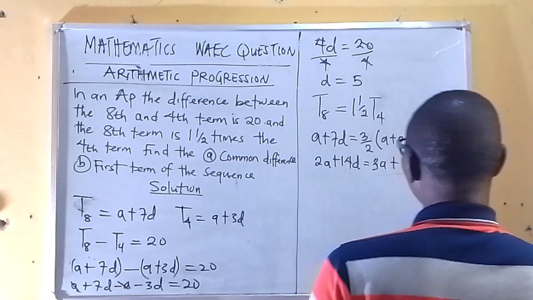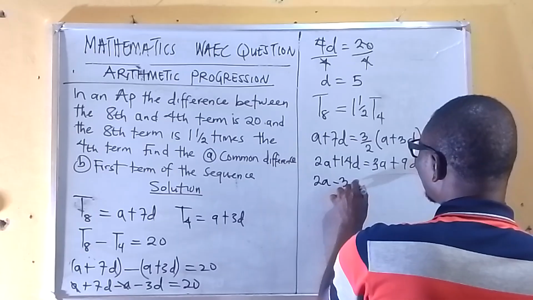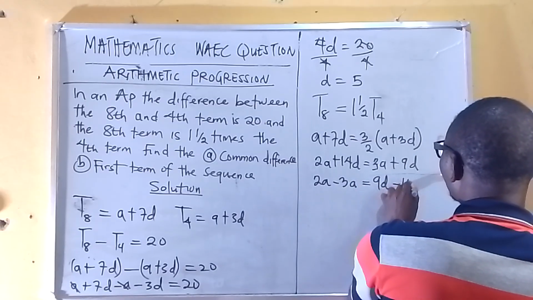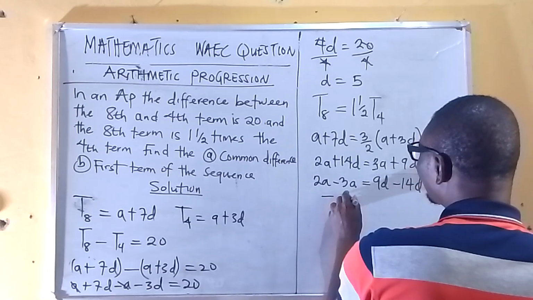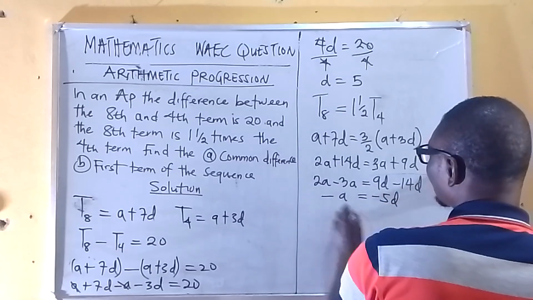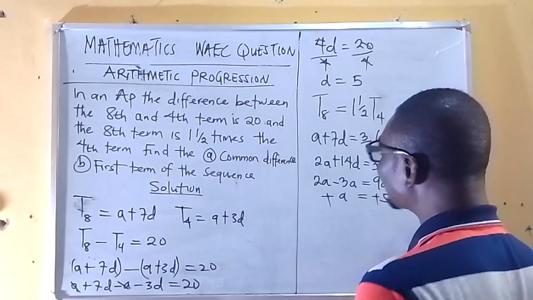So here, I can collect like terms. So I have 2a minus 3a is equal to 9d minus 14d. So simplifying this, I have minus a is equal to minus 5d. So this minus will cancel this minus. So I have a is equal to 5d.